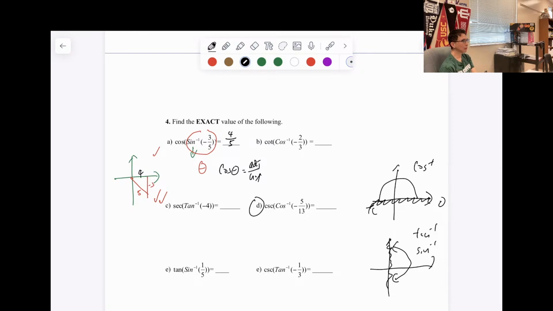Cosine inverse. Show. What is it? Show what? I don't remember, I totally just made that up. I thought you were trying to say a name. Sophia knows what it is.